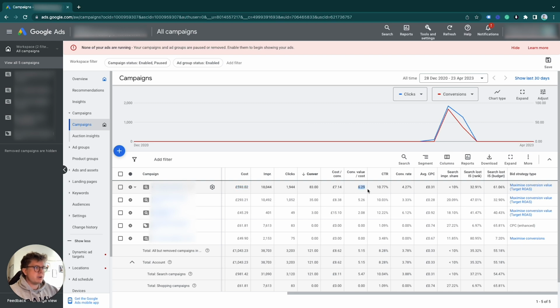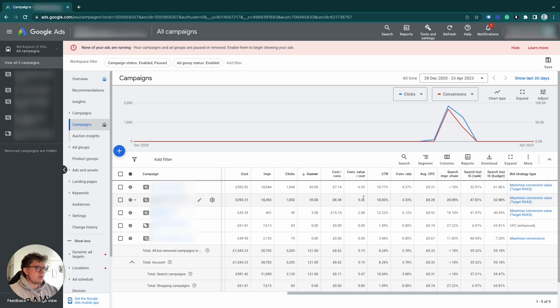But if we look, we are getting a 6.29 ROAS. So for every £1 we're spending, we are getting £6.29 back from our advertising spend. So even though this number is slightly higher than I'd want, it doesn't actually matter so much because the average order value gained from this campaign is high at 6.29 ROAS.